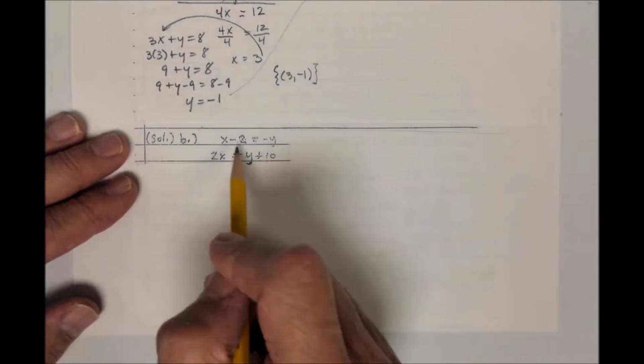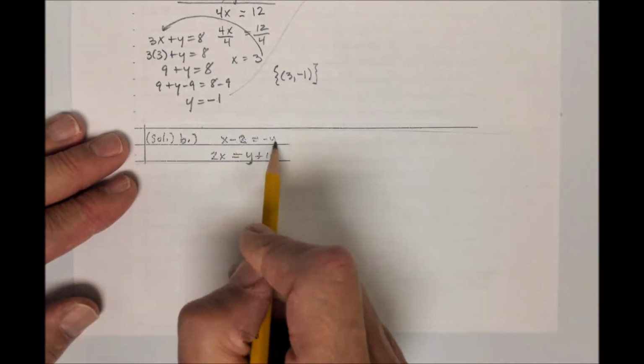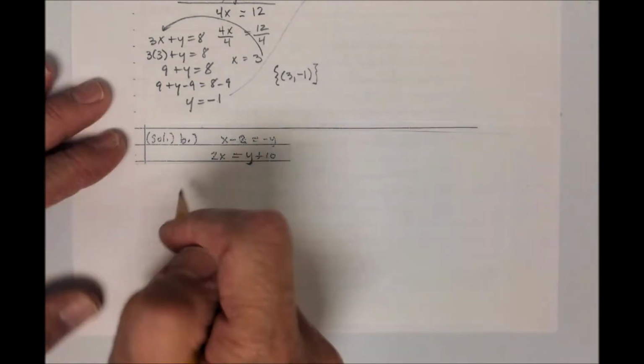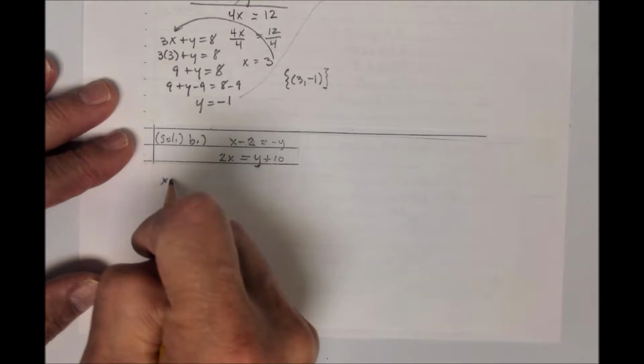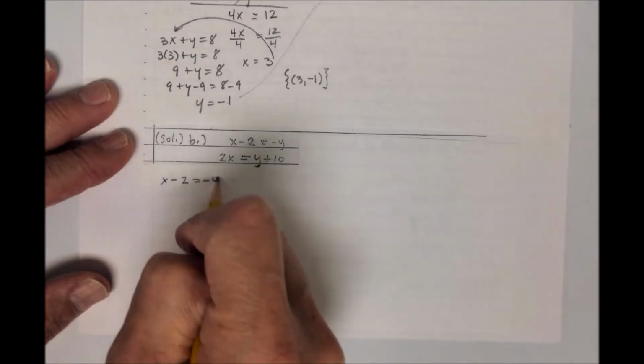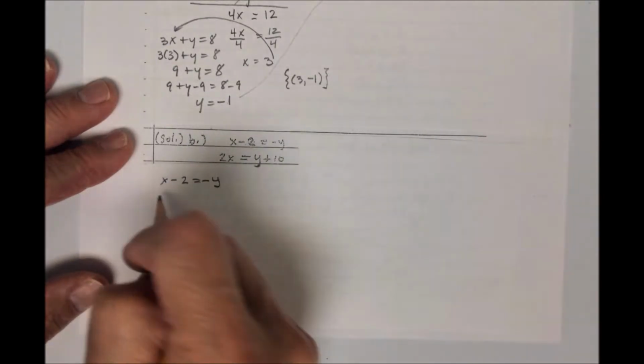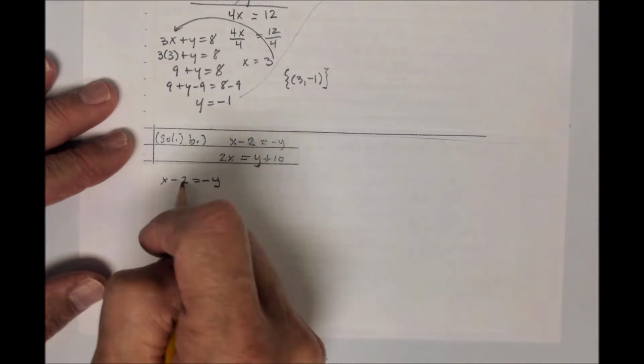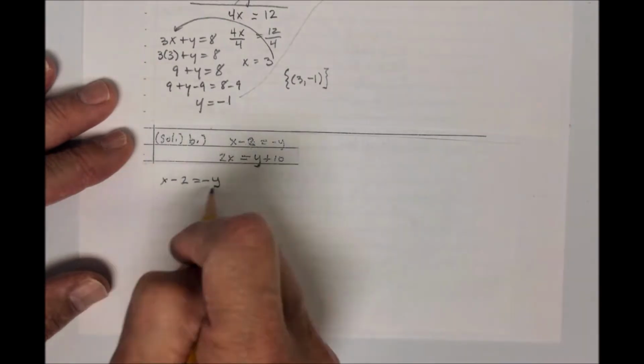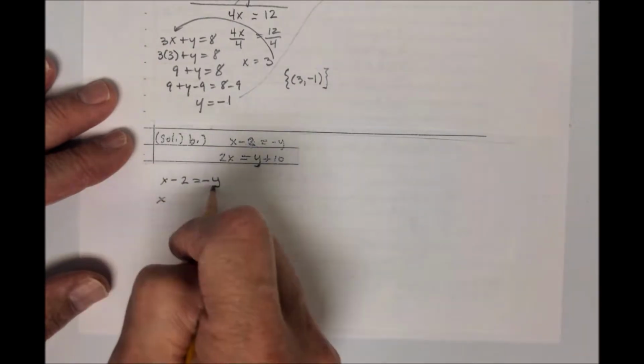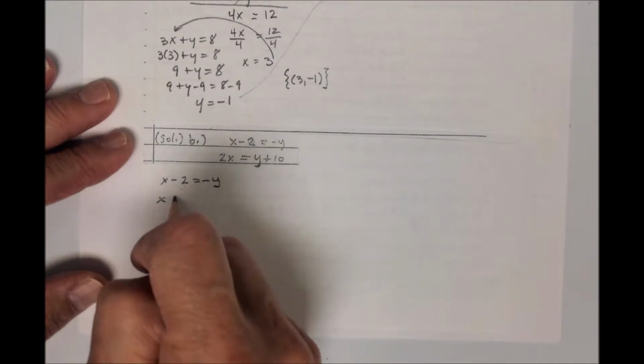So I have x minus 2 is equal to the opposite of y. I'll start with that one. I am going to want to get this variable on this side and this constant on this side. So I am going to add y to both sides and add 2 to both sides. Let me just write it out the long way.